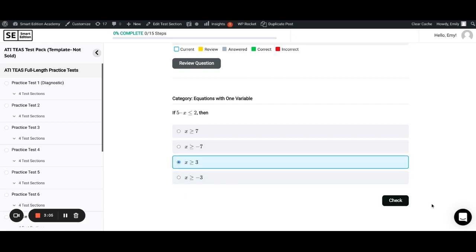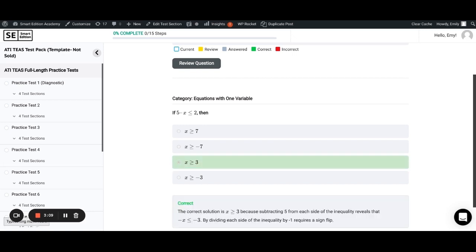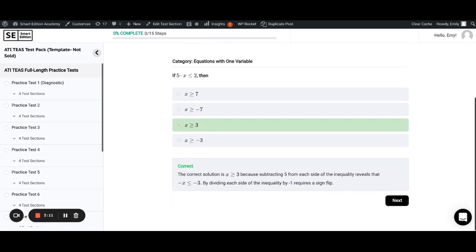The answer is C. The correct answer is x is greater than or equal to 3 because subtracting 5 from each side of the inequality reveals that negative x is less than or equal to negative 3. And then dividing each side of the inequality by negative 1 requires a flipped sign.